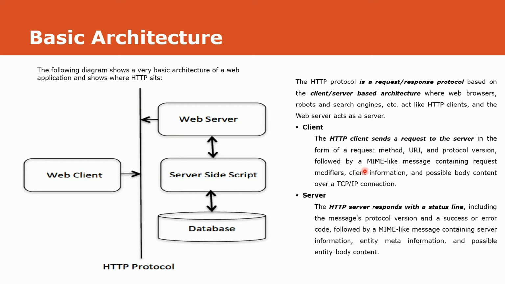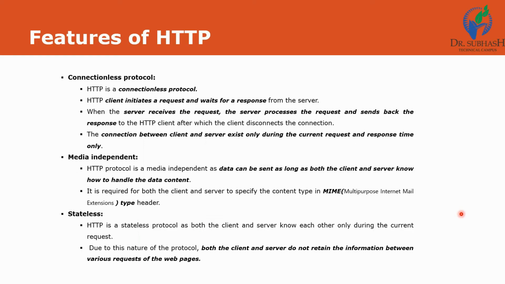They are the additional information that can be passed with the request. So the client works as the request sender. Now the server: the HTTP server responds with the status line. It provides one single line, one object, to the client.